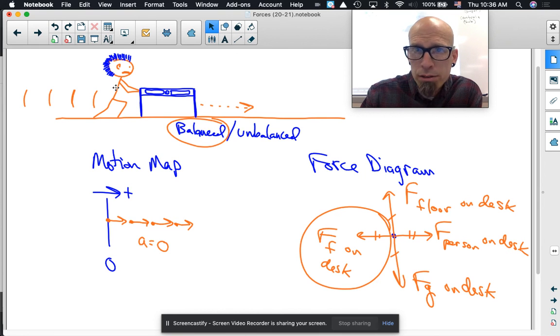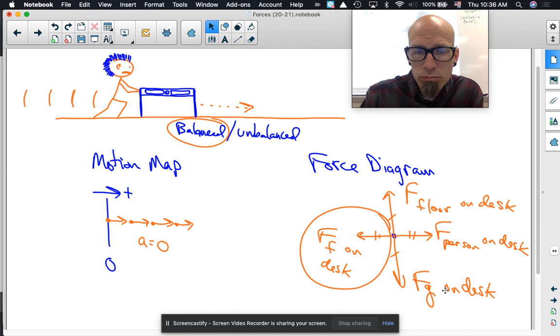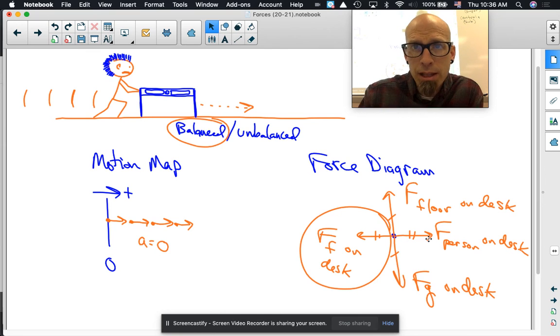There's no other objects. So the only other force that would make any sense is if there is a force of friction acting on the desk, opposing the motion of the desk, balancing out the force of the person. So we have balance horizontally, we have balance vertically, everything is balanced. That's what you will have to do for the quiz.